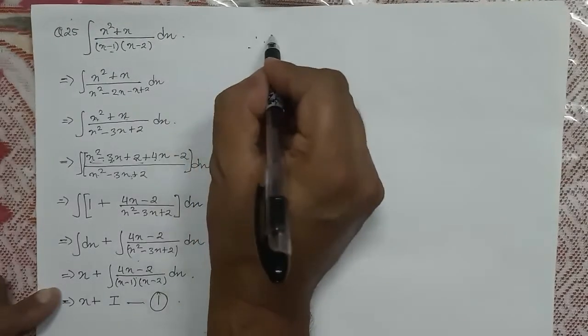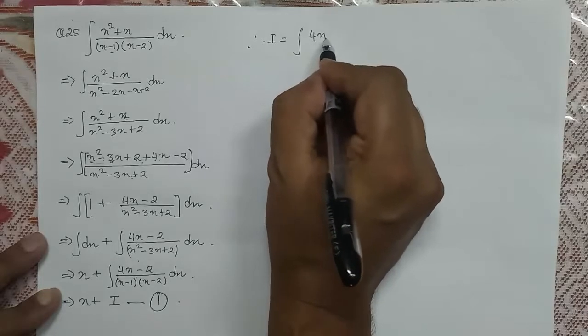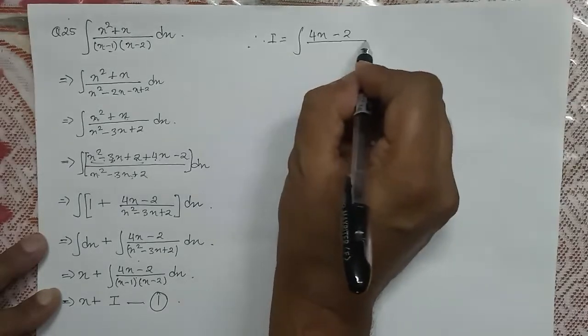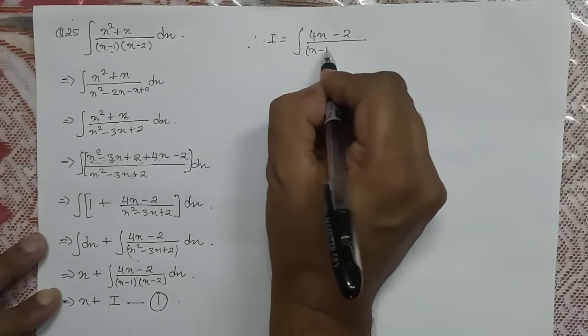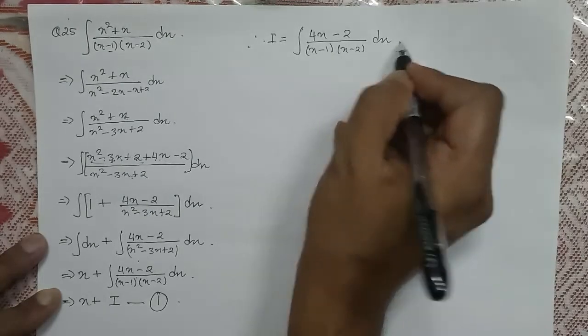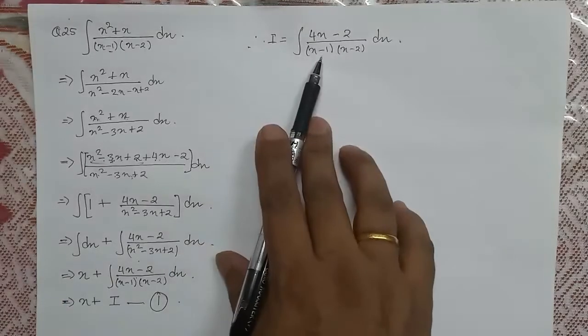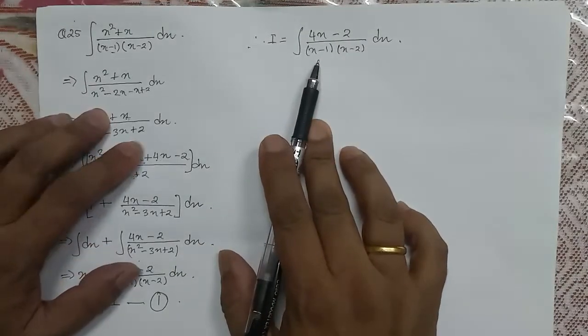Then I is equal to the integration of 4x minus 2 over x minus 1 into x minus 2 dx. Now over here we can apply partial fraction by the previous method.